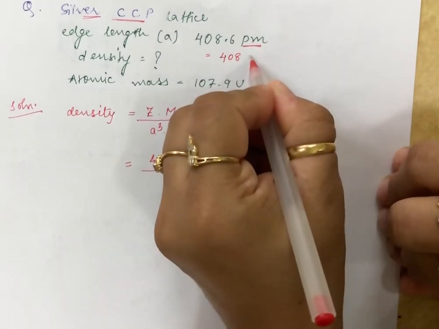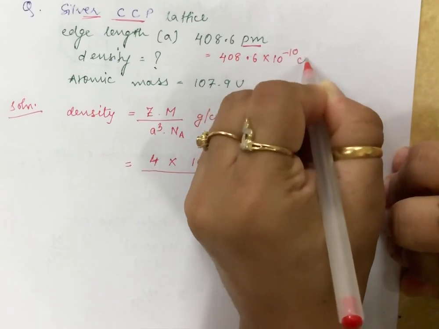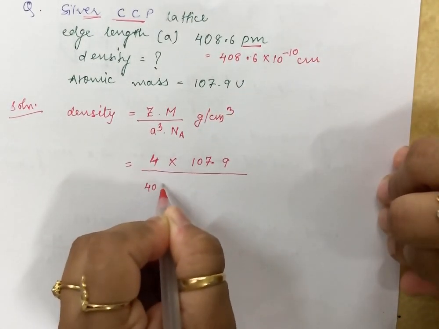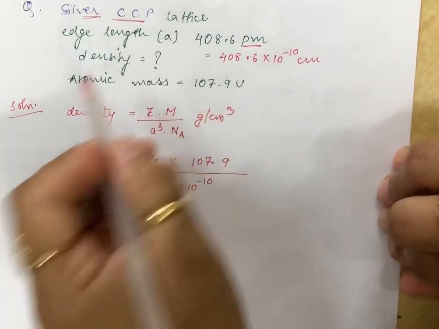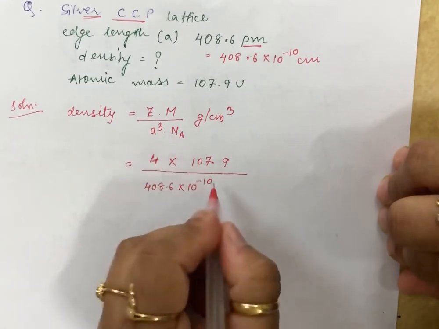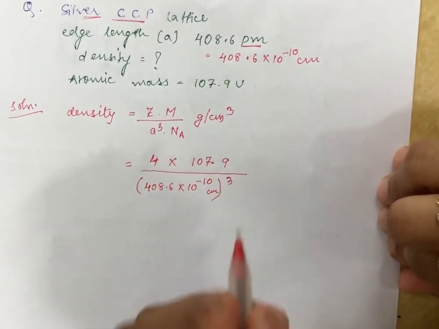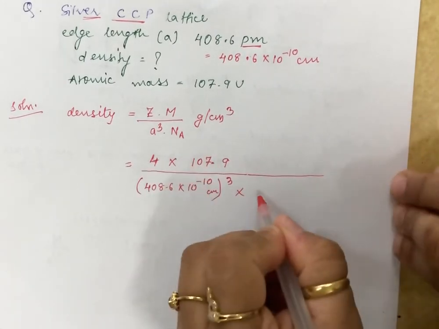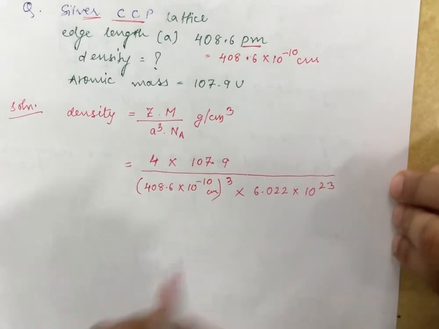So 408.6 into 10 to the power of minus 10 centimeters it would be. So let me take this here, 408.6 into 10 to the power of minus 10. You see it is cube in the formula, so I need to do its cube. Okay, this is in centimeters. Apart from that, you have Na, the Avogadro number, 6.022 into 10 to the power of 23.